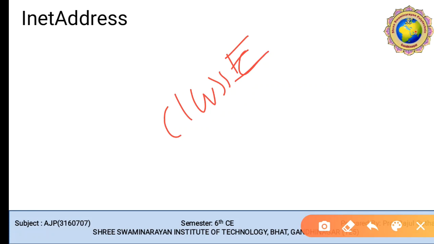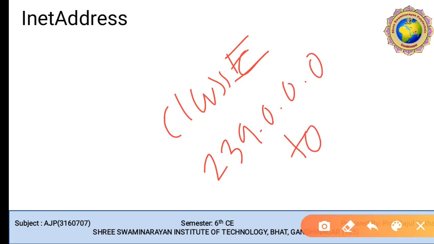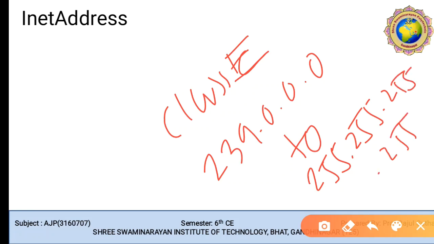So there is no net ID or host ID, but the range of class E covers 240.0.0.0 to 255.255.255.255. So this is the range of class E addresses. Also, InetAddress covers the special IPv6 for larger address space.